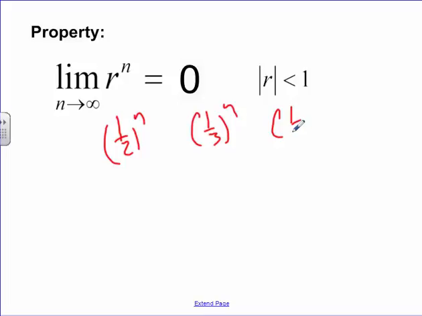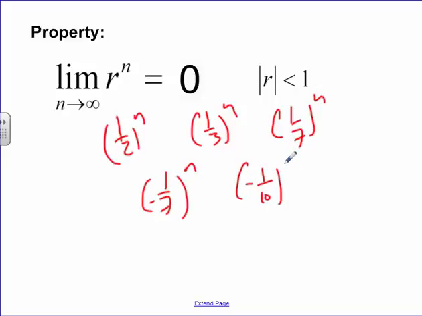If you have 1 over 7 to the n, that'll work. The absolute value means it could even be negative 1 over 7. That'll work. It could be -1 over 10 to the n. That'll work as well. But it can't be a number like 2 or 3 or 4. And I can explain that one here.